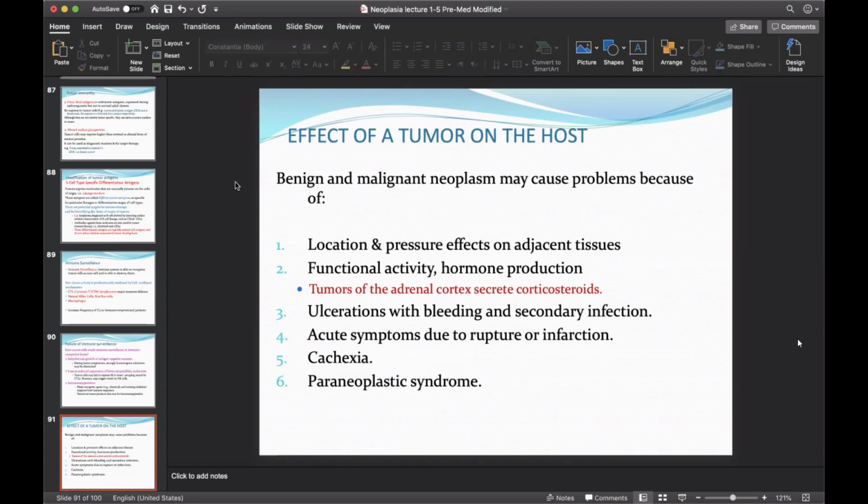It can also cause ulceration, bleeding, and secondary infection. Sometimes the tumor causes rupture or infarction of an organ, for example, a testicular tumor or ovarian tumor undergoing torsion.